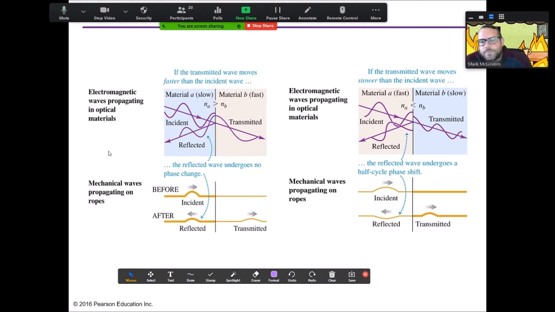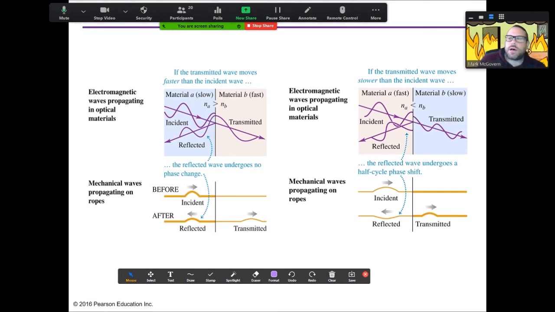Material waves, when they encounter a boundary or a surface, when they reflect off of something, can experience a phase shift or not, depending on if it's a fixed end or an open end.